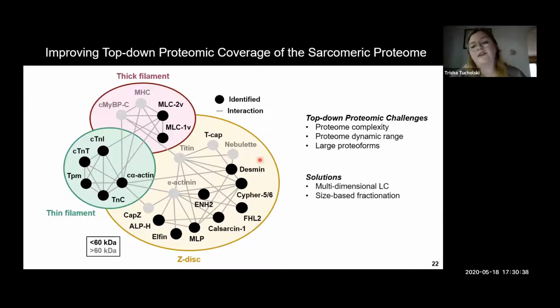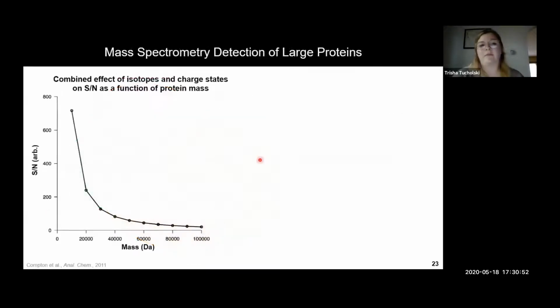But we've been posing solutions such as using multiple dimensions of liquid chromatography separation for complex mixtures of proteins, and then also size-based fractionation at the front end of our top-down proteomic platforms to solve some of these issues that I mentioned. So we know that mass spec detection of large proteins is pretty challenging, and I'll tell you why that is.